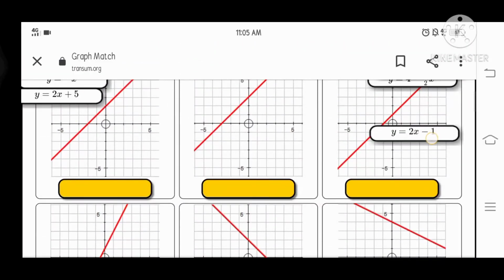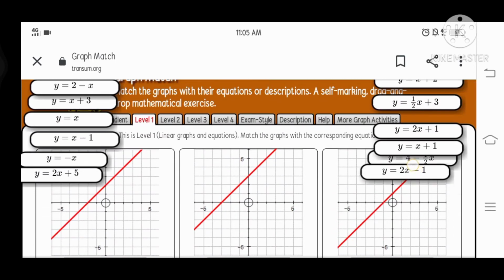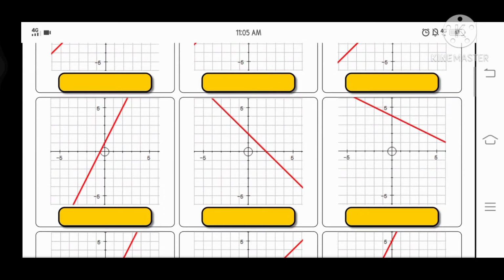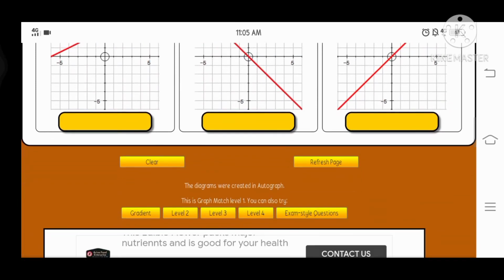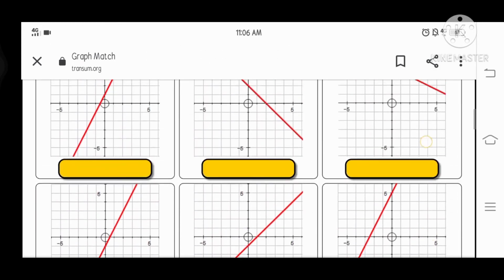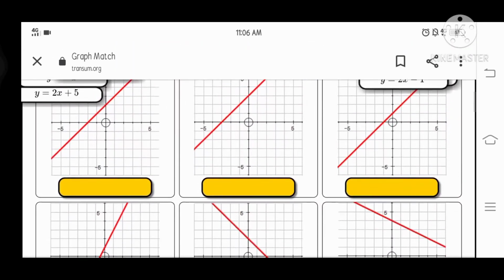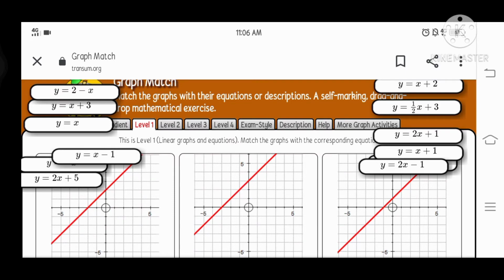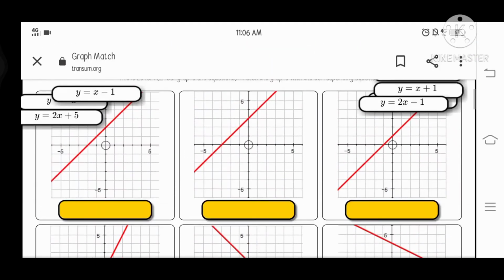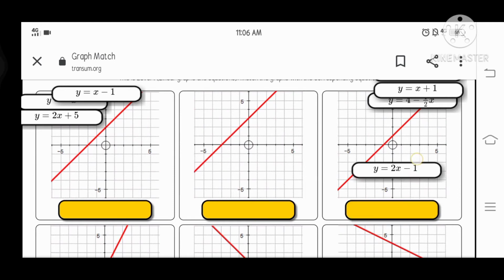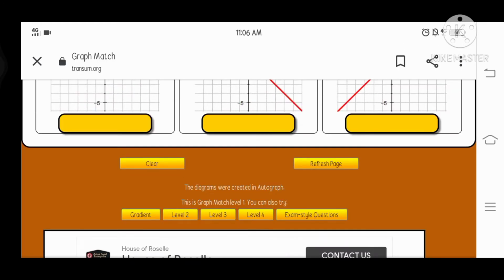When you have matched the equations to the graphs here and all of you have done, you have to click the yellow check button, which appears once you have answered all the questions by putting or pasting the equation into the provided yellow box. The result will be in a badge.